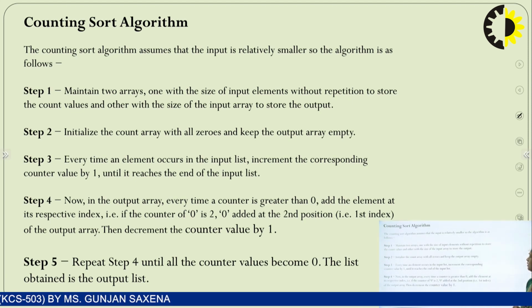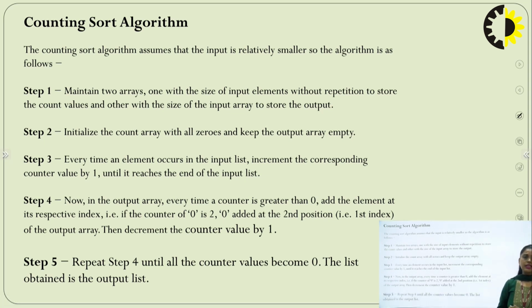First, a quick view of how counting sort actually works. There are 5 steps, and in this slide I will give an overview of these steps. After that, we will implement them step by step using code.